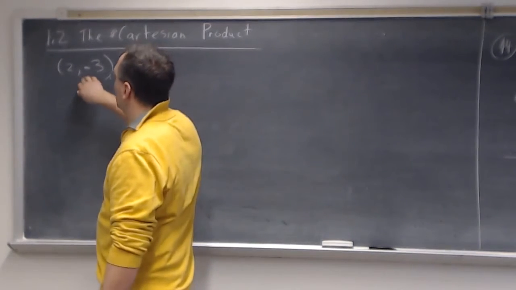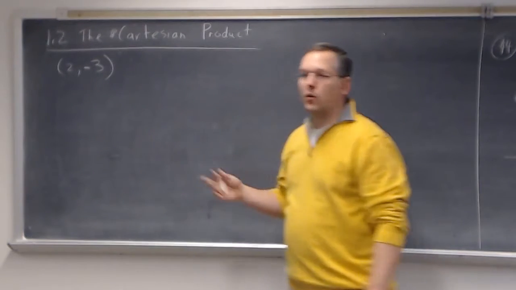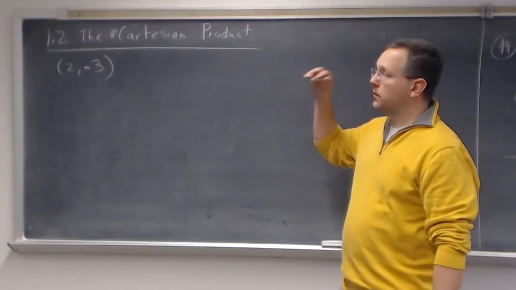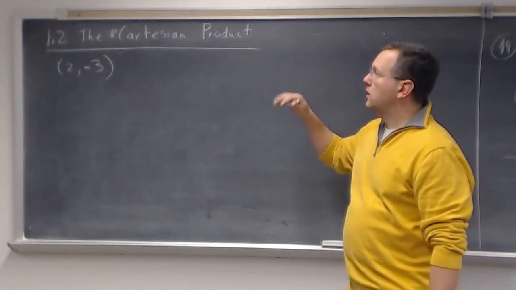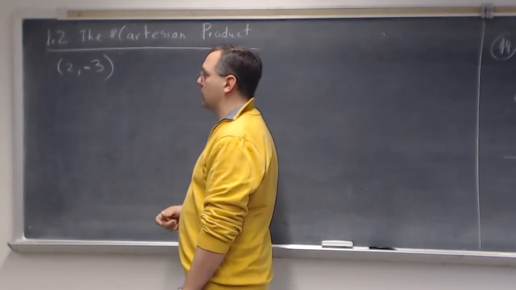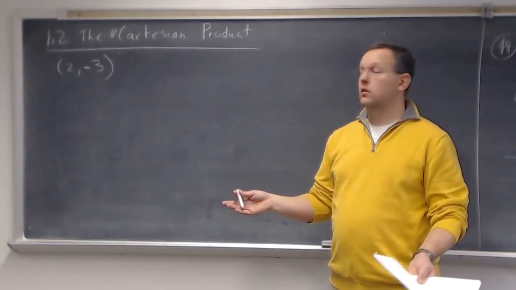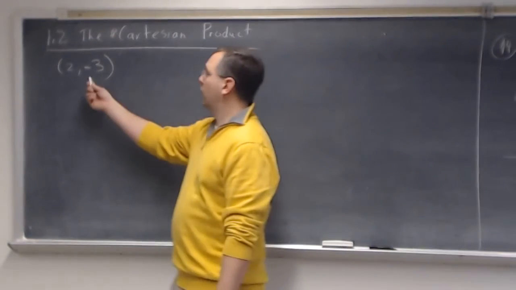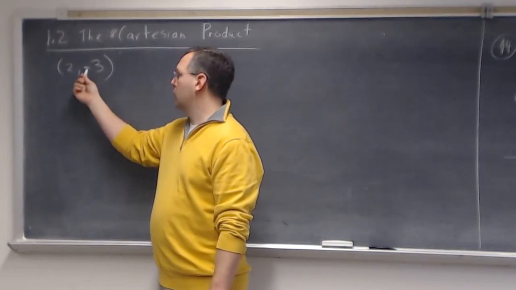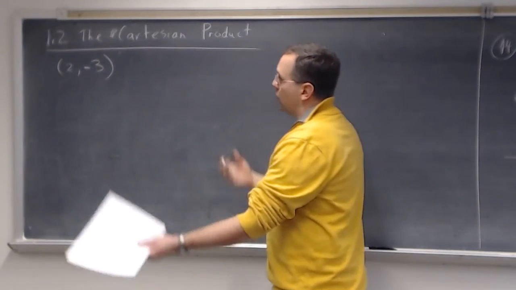By connotation, you should be able to tell whether we're talking about an interval or a point, or something else. Sometimes you can get objects that look like this. What we can call this for sure is an ordered pair. So if I saw 2, negative 3, I would think it's probably not an interval, because you wouldn't have negative 3 at the right end of an interval. Okay. So what is it?